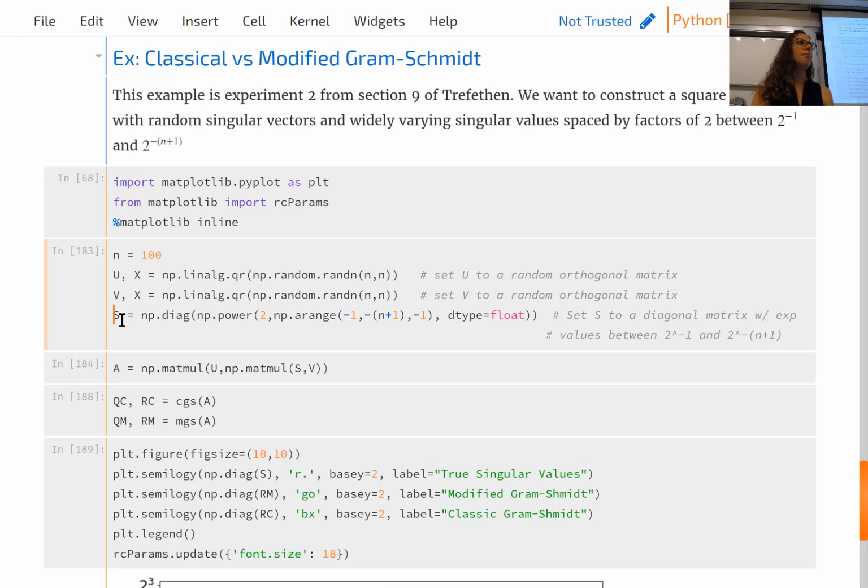Are there questions about this way of constructing a matrix to make sure it has the singular values that we want? This is the reverse of the SVD: we're coming up with two orthonormal matrices and a diagonal matrix and multiplying them together.